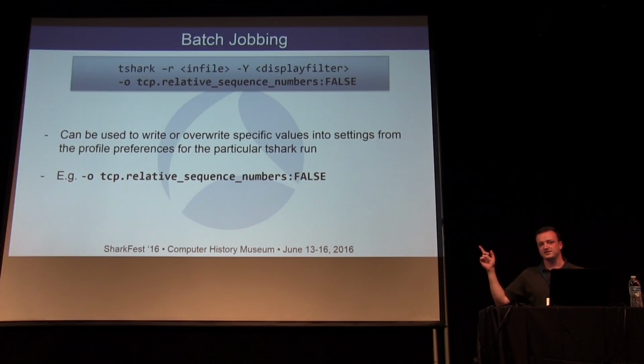Another advantage of doing that is if you just write down what you did to process a trace, this makes sure that whoever you give the trace to and whoever you tell, okay, I used T-Shark to do this, will have the same settings for the profile, so you will get the same results. Because as you can imagine, if I use my default profile and run T-Shark on it and give Jasper the same trace and just a T-Shark command and he runs it with his default profile, or Hansang uses it with his default profile, the results will be completely different on the CLI because it just prints what's on the screen.